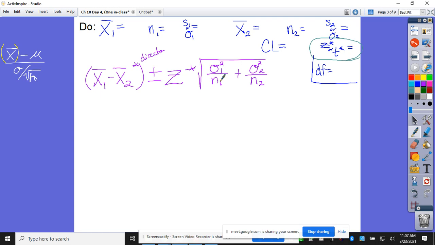Which is actually an equation that you'll get on the AP exam. And I might start giving them to you this chapter. Maybe.